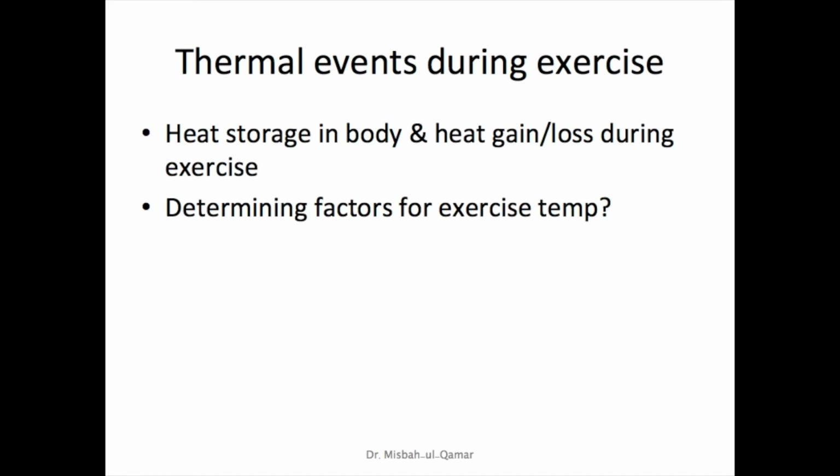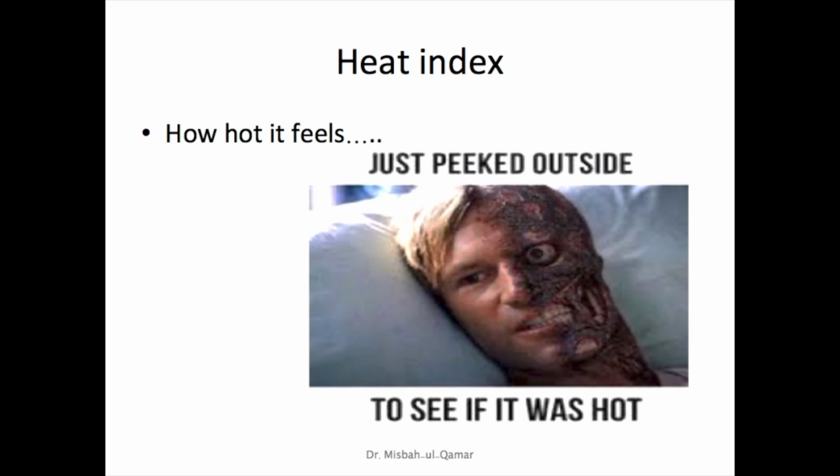Now, there is another term which you should be familiar with, and it's called heat index. Now, what is heat index? It is the measure of the body's perception of how hot it feels. This heat index is calculated by combining the air temperature and the relative humidity to compute an apparent temperature.